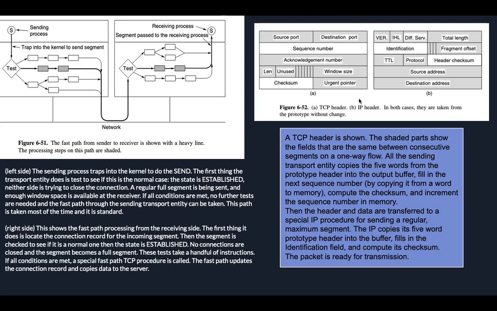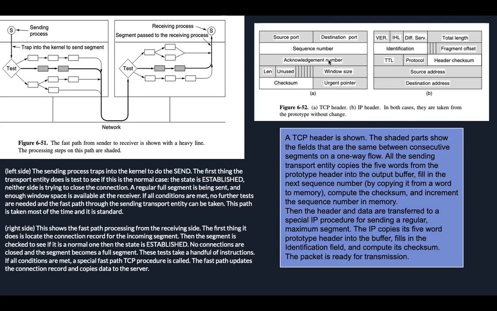Okay, now looking at figure 6-52, this is basically a TCP header. The shaded parts show the fields that are the same between consecutive segments on a one-way flow. All the sending transport entity does is copy the 5 words from the prototype header into the output buffer, and then fill in the next sequence number.